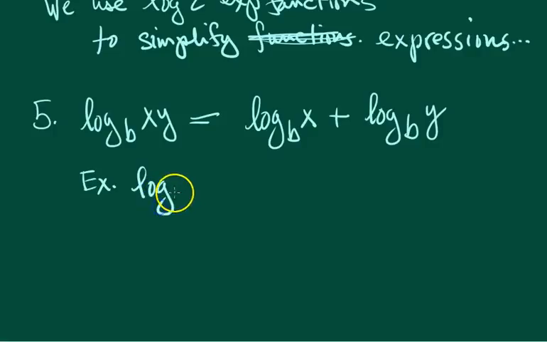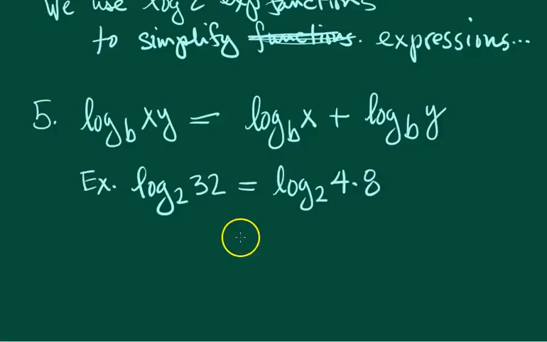Log base 2 of 32 is equal to the log base 2 of 4 times 8, because 4 times 8 is 32, which is equal to the log base 2, according to this rule, of 4 added to the log base 2 of 8.